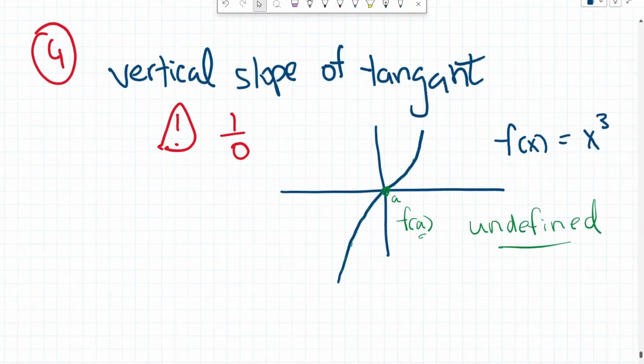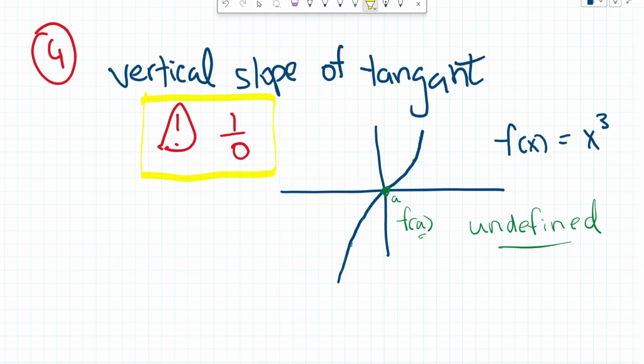So there's also cases where we have a vertical slope of a tangent. When we have a vertical slope of a tangent, then that slope is undefined. That is this big 1/0 situation where it's simply undefined, so we cannot take a derivative if the slope of the tangent will become vertical.